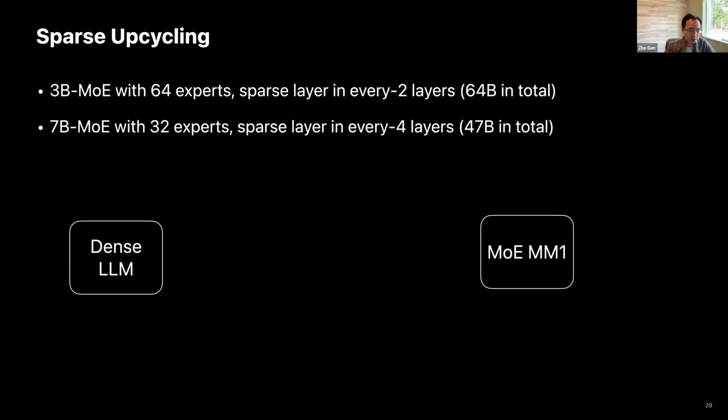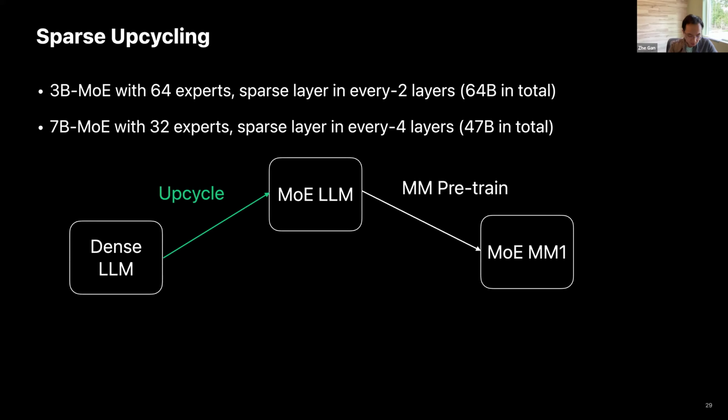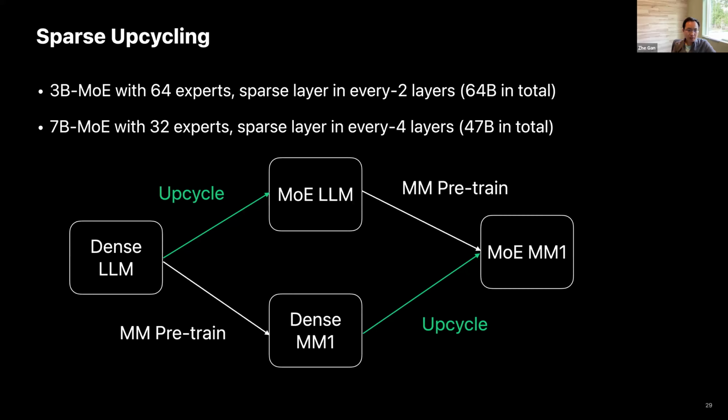The beginning is a dense LM, and the end is an MoE multimodal model. First, you can upcycle your dense LM into an MoE LM, and then do multimodal pre-training. Second, you can first do multimodal pre-training to make the dense LM into a dense MM1, and then do upcycling.